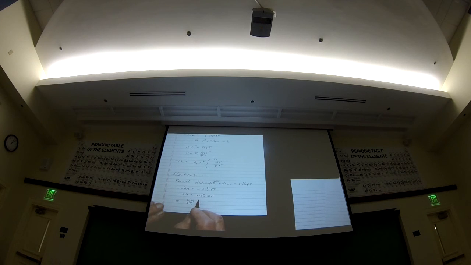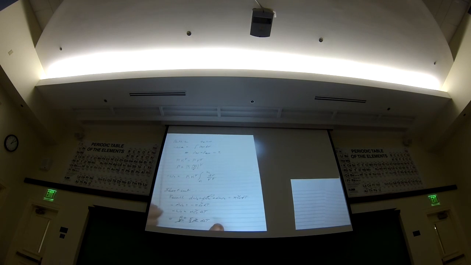And what's the CV? All right, no vibrations. So there's 3 halves R for translation, 2 halves R for rotation. So that's 5 halves R. And what's delta T? Well, we calculated that a minute ago. We don't need to leave R's. We've got to calculate this.